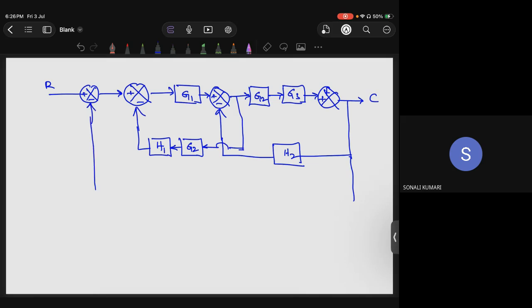This is the overall feedback. And we have another one here, G4. So find C by R.